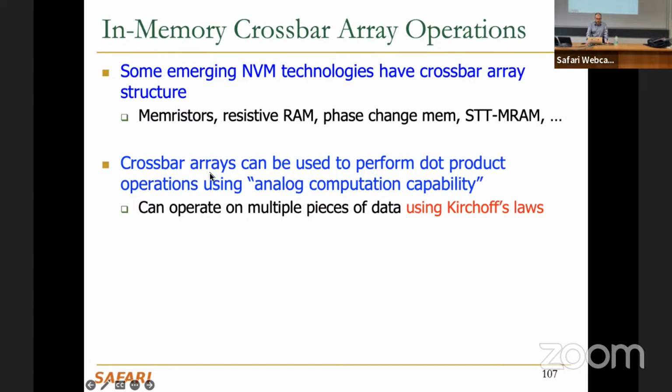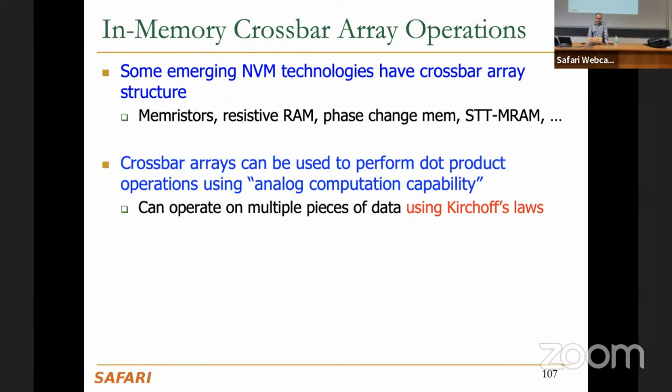And these crossbar arrays can be used to perform dot product operations using analog computation capability. By doing dot product operations, potentially you can do matrix vector multiplication, and neural networks, convolutional neural networks, and many other techniques.